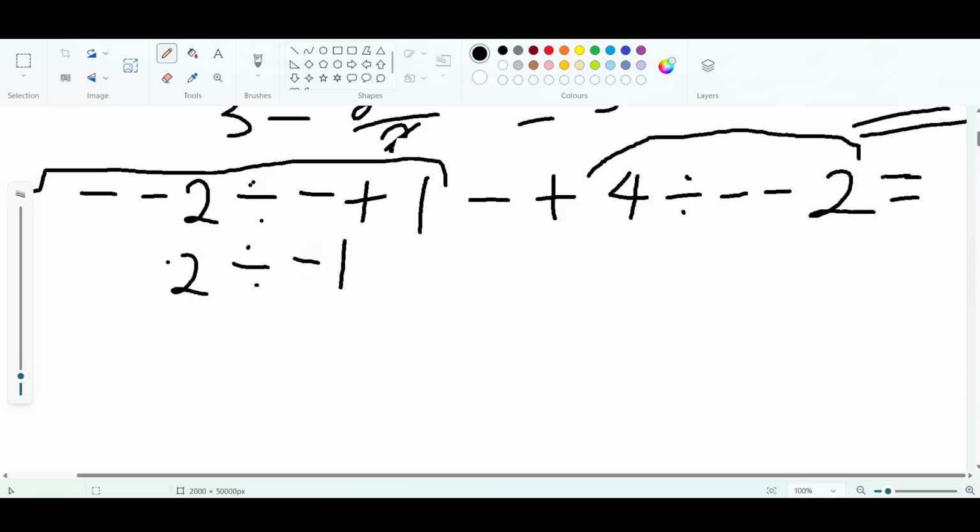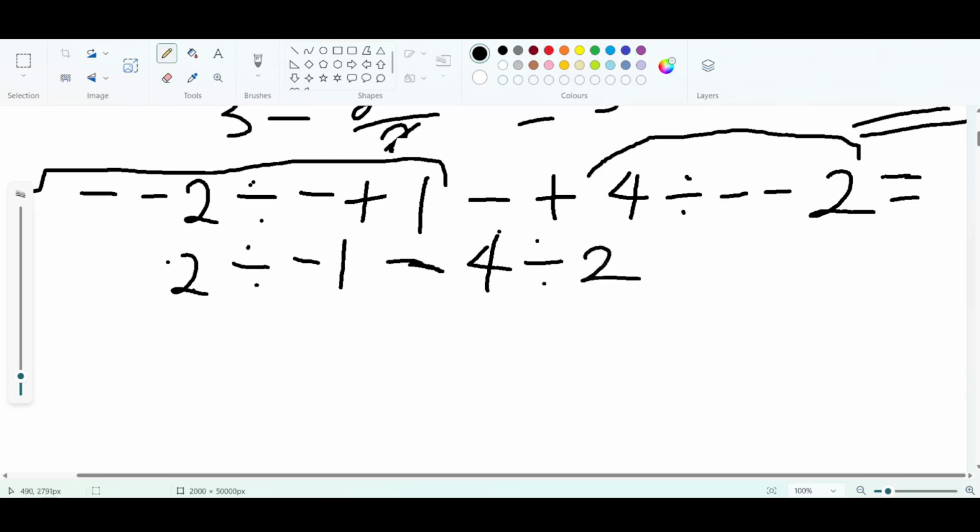Then also, looking at this one, plus times minus times plus is going to be minus. So that's minus. Then 4, minus times minus here is going to be plus, right? So 4 divided by 2. So it's going to be minus 4 divided by 2.